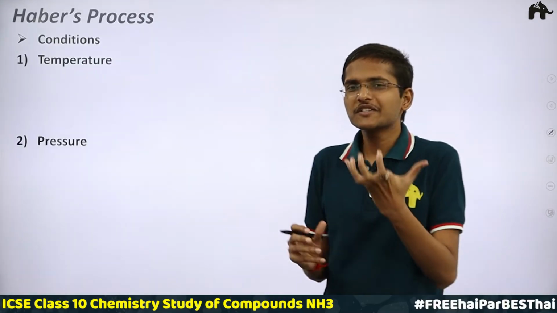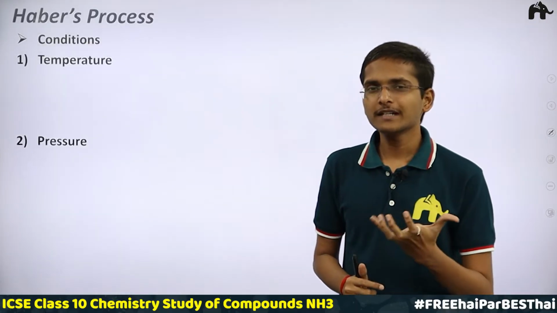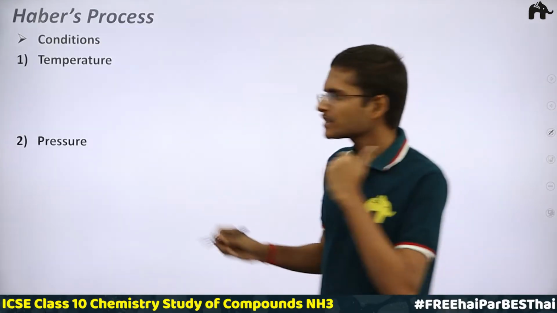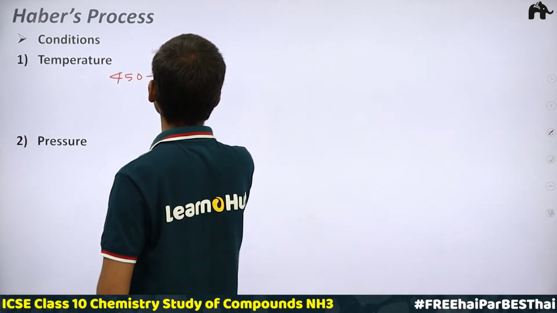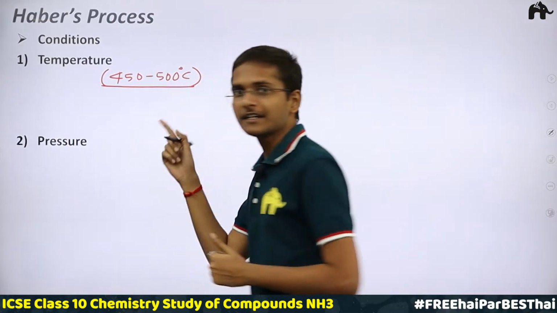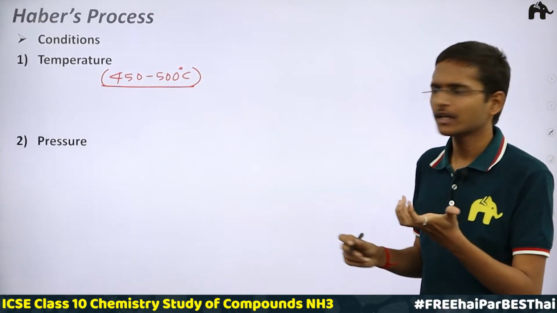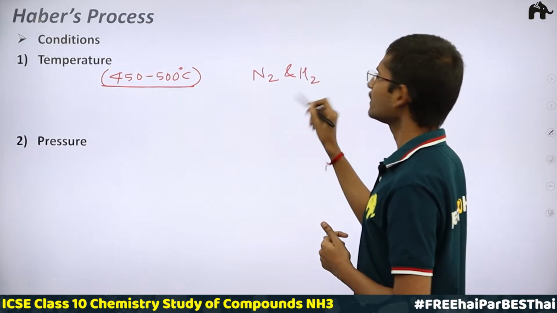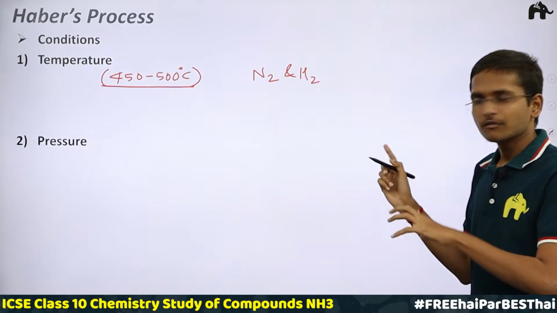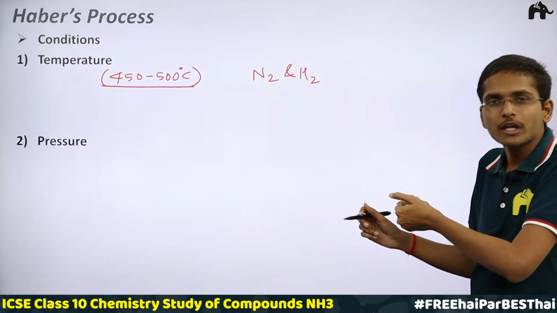Now let me tell you something interesting about the temperature. Here we know that the optimum temperature range is 450 to 500 degrees Celsius, right? But let me tell you that we only heat the reacting gases, that is N2 and H2, when they are passed through the catalytic chamber for the first time. Why?